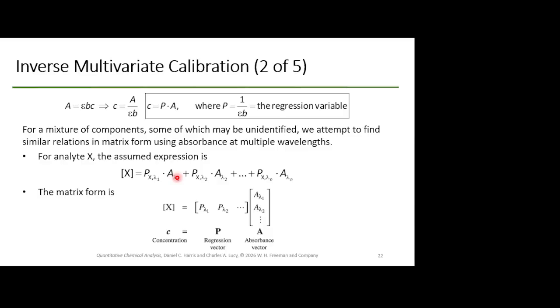Notice that's just Beer's law, right? And this is then going to be plus the next wavelength, and then plus the next wavelength. These all have to come from the same concentration, don't they? So we know the concentration has to be a set variable that's the same for all of them.